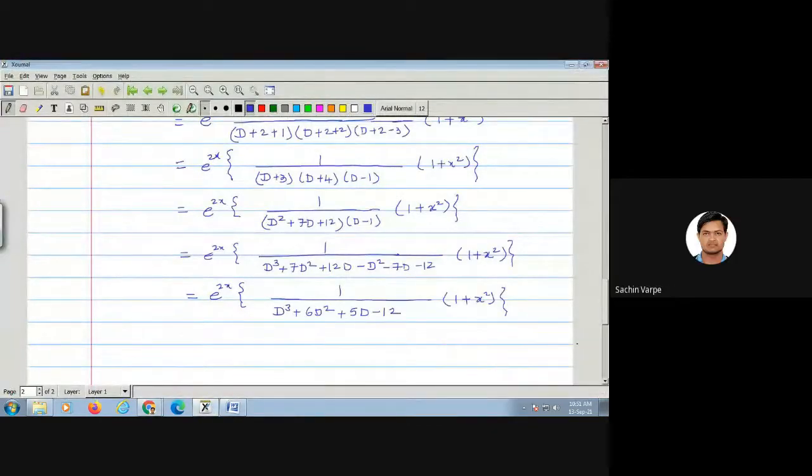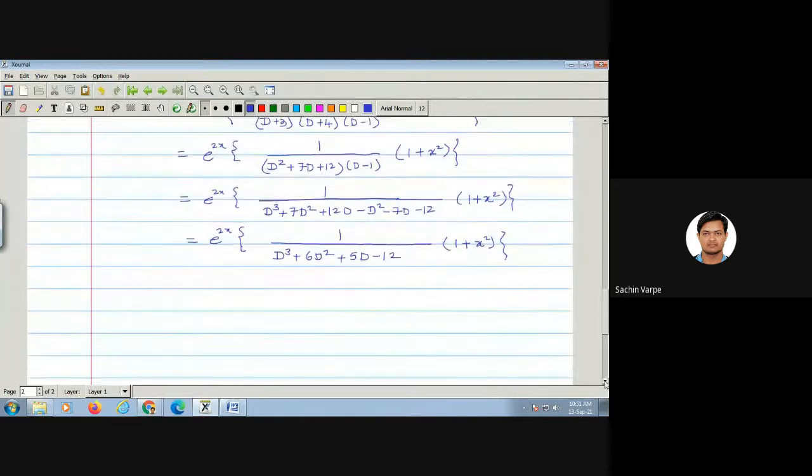Okay, thank you. Now to proceed with the polynomial function, as this is of the form 1 upon phi of D into x to the power m, we have to use the fourth case of the shortcut. We have to expand this 1 upon phi of D using the expansion formulas.